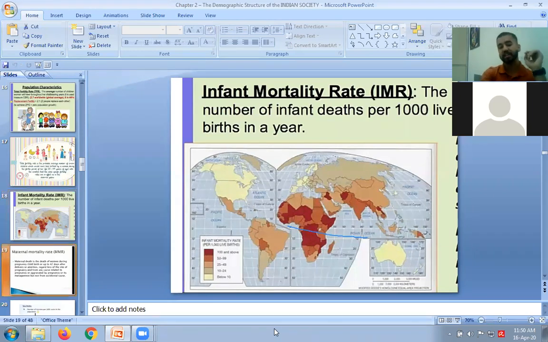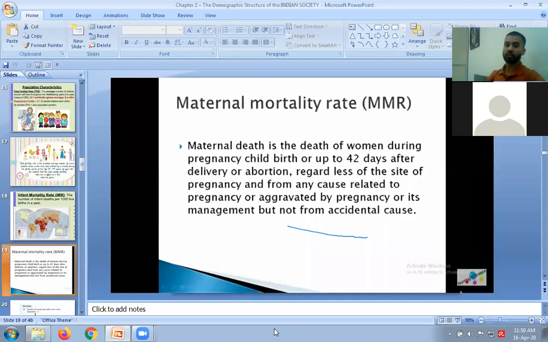Then we're going to understand the next concept, maternal mortality rate. I've already told you that maternal mortality is related to death, right? So when we understand maternal mortality rate, we're going to understand the death of women that takes place during pregnancy or even sometimes after pregnancy. So what is maternal mortality rate? Maternal mortality rate is the death of women during pregnancy or during childbirth, up to 42 days after the delivery or abortion.